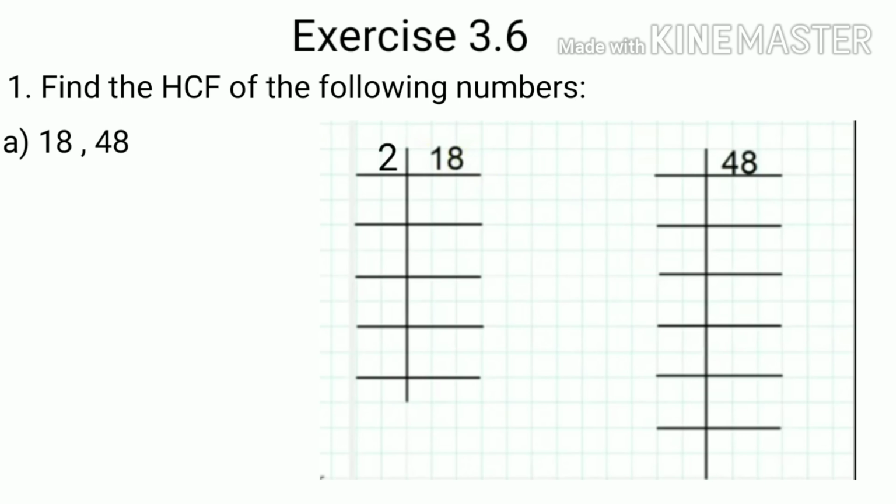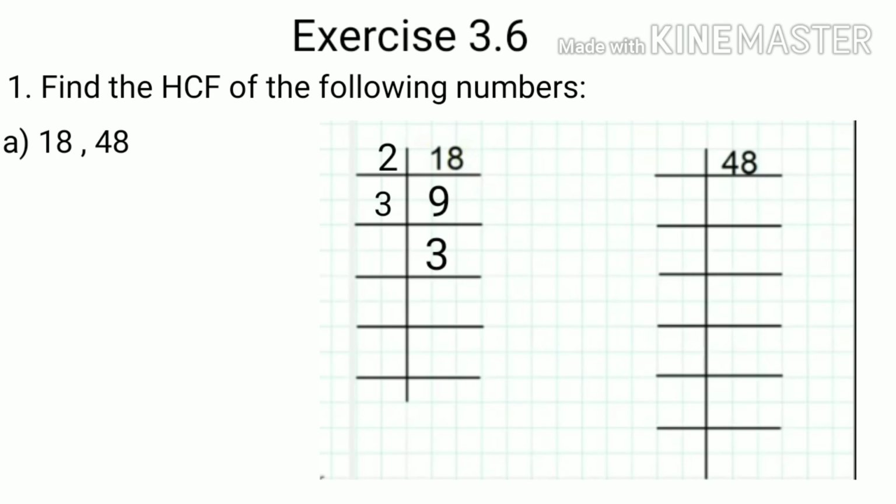When we divide 18 by 2, we get 9 as the quotient. And now we need to find the smallest prime number which can divide 9 exactly. Since we know that 9 is exactly divisible by the prime number 3, we divide 9 by 3. And when we divide 9 by 3, we get 3 as the quotient.